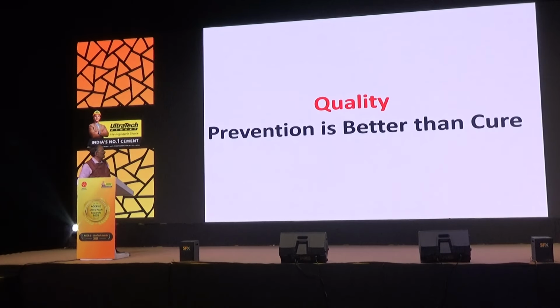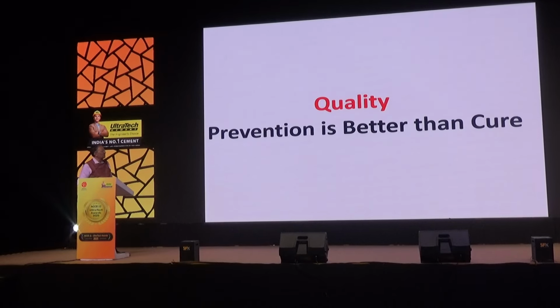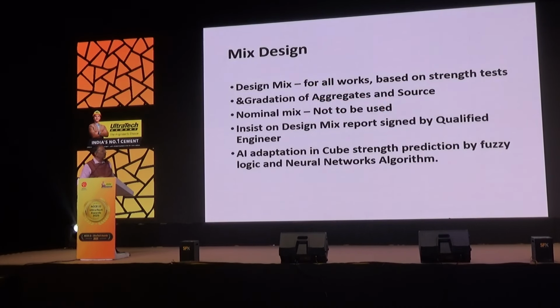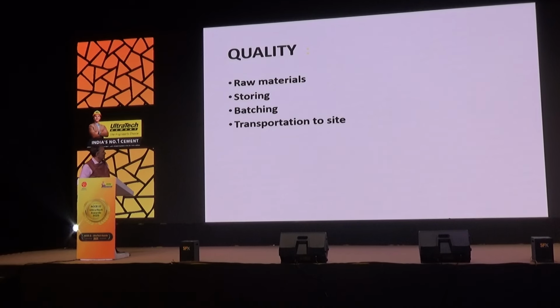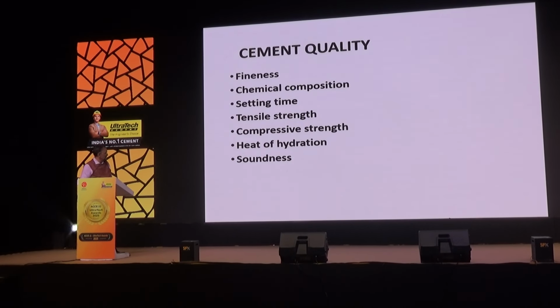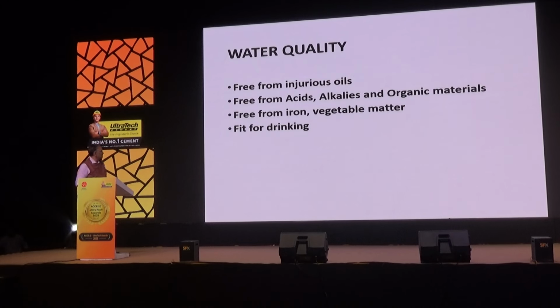So finally, quality: prevention is better than cure. So let us follow the quality steps, starting from mix design to raw materials, storing, batching, transportation to site, actual construction, curing and maintenance. Cement quality: fineness, chemical composition, setting time, tensile strength, compressive strength.